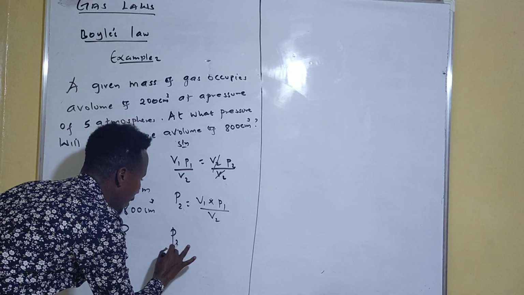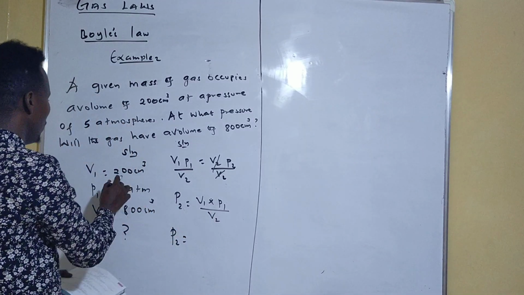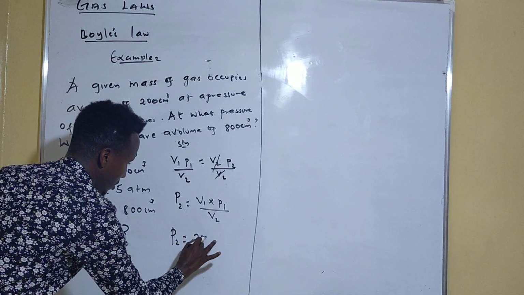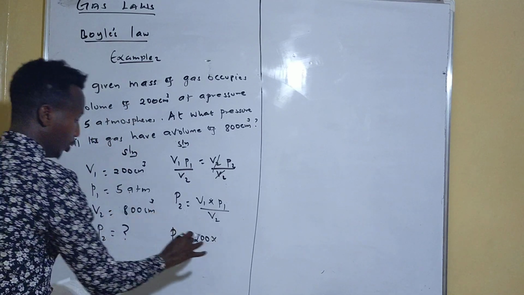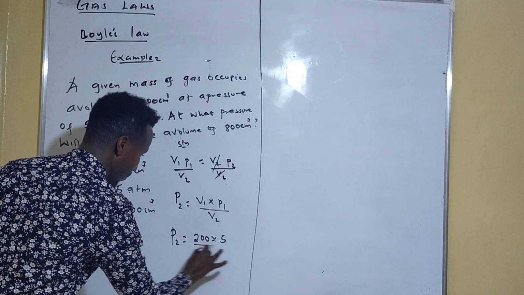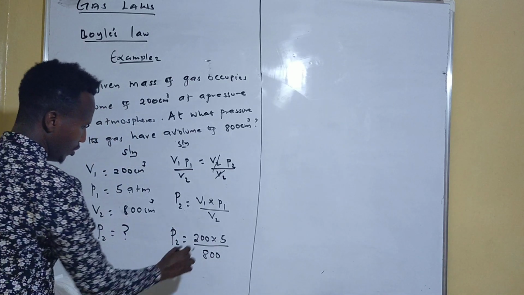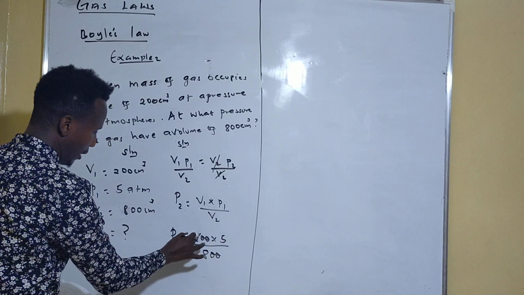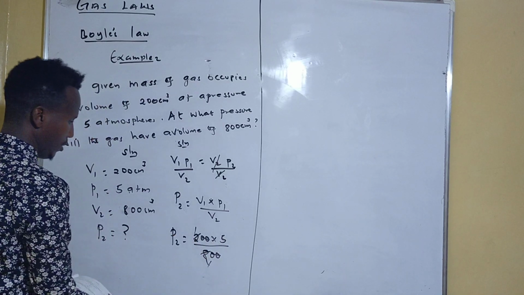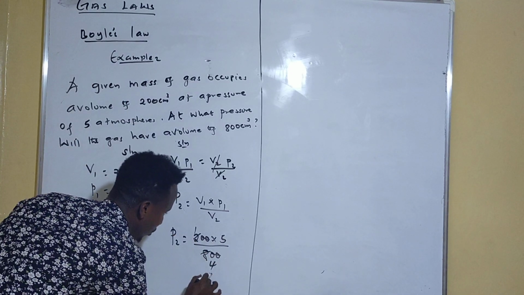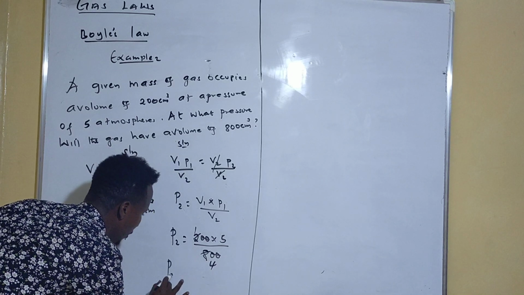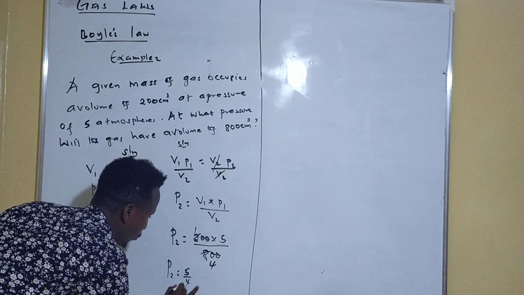P2 therefore is equal to 200 multiplied by pressure 1, which is 5, divided by 800. These two zeros go, 2 into 8 is 4. So pressure 2 is equal to 5 out of 4.